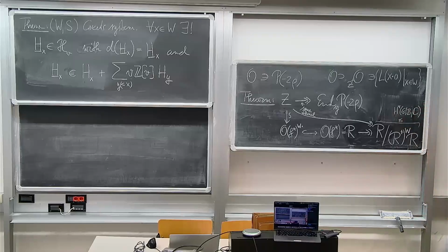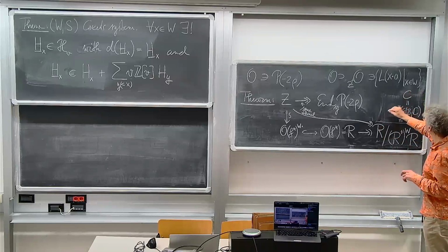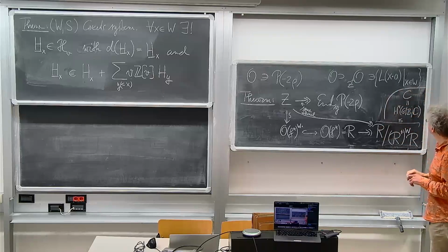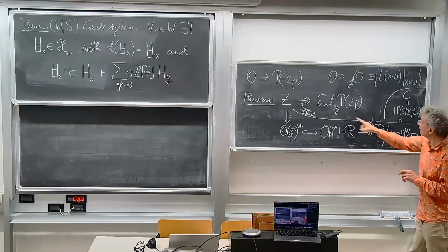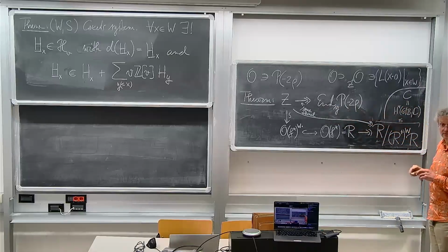This is an algebra which is pretty well known and studied, and I usually denote it by C. And so the endomorphism ring of the antidominant projective is this algebra C.